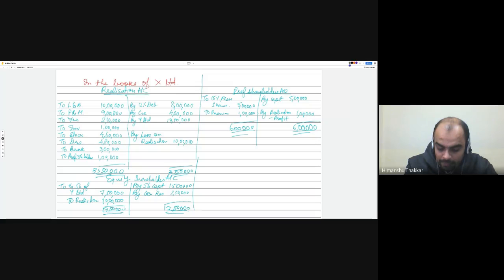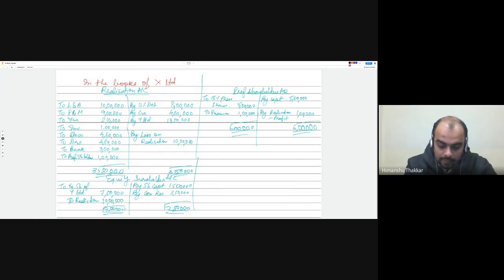Whatever is the new value given in the adjustment, that you have to write. You always remember that, because you are writing in the books of the purchaser. So purchaser will record at new values, not the old values. Plant and machinery account debit. Land and building was 10 lakhs. Plant and machinery is 9 lakhs, right?